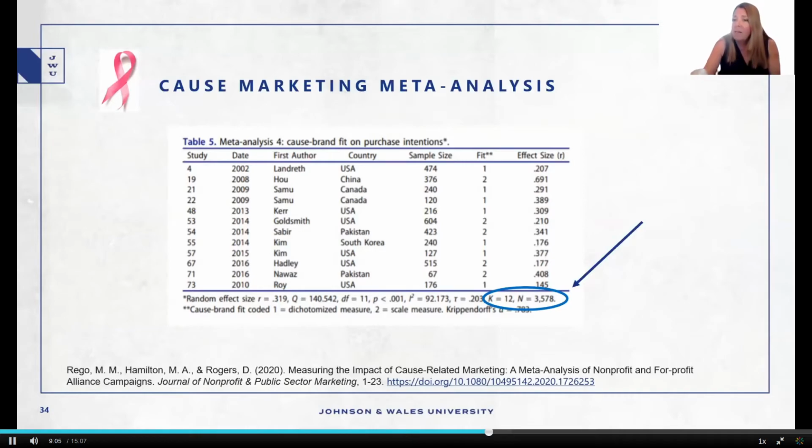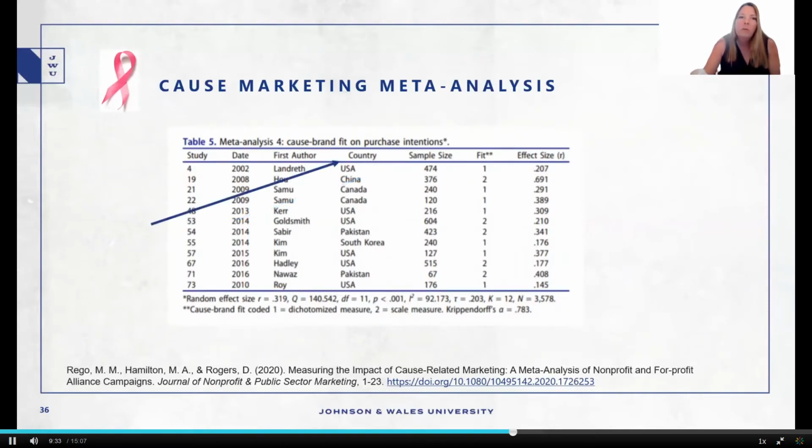So quite a lot of participants when viewed in summary. And there are very different sample sizes across all of these studies, as small as 67. So I wouldn't make a huge marketing decision based on a sample size of 67 people, but when you look at a meta-analysis, you're able to strengthen your research and your confidence.